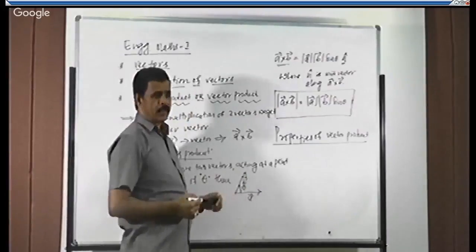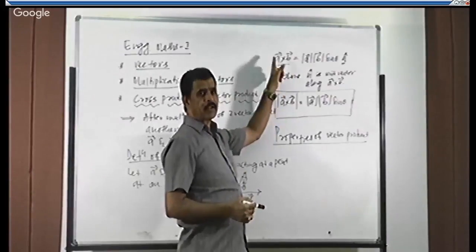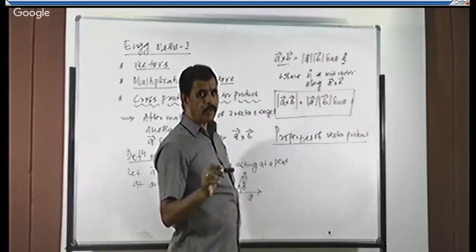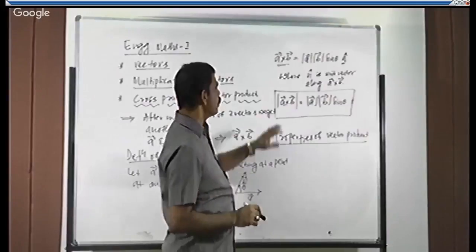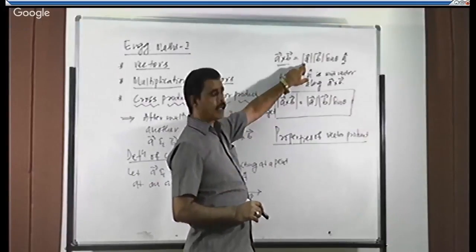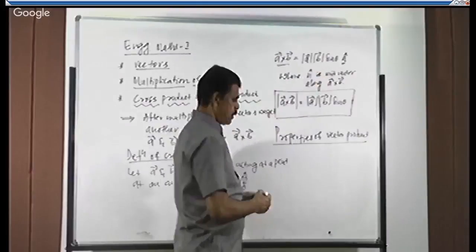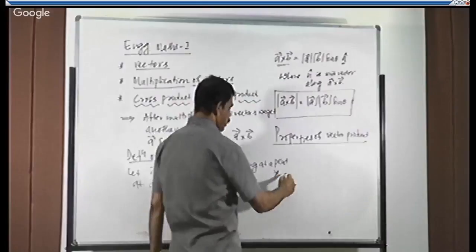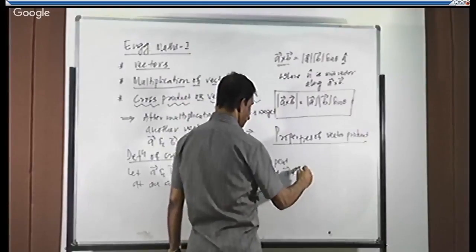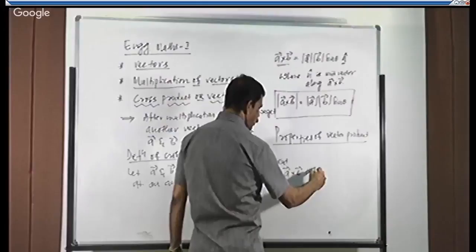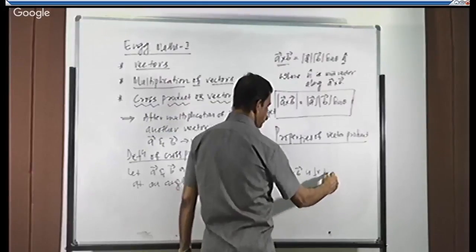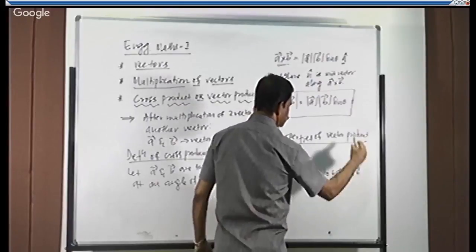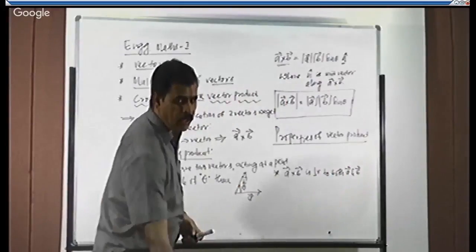The cross product of two vectors is always a vector that will be perpendicular to both vector A and vector B. The first property says that A cross B is a vector always perpendicular to both A and B.